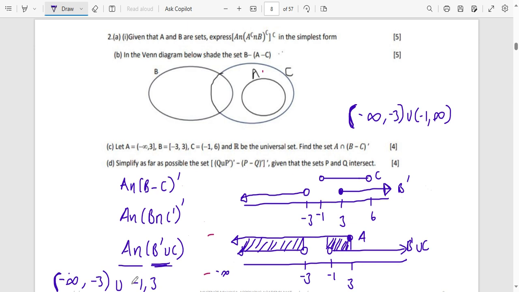Are we going to put open or close on -1? How about at 3? At 3 we'll close because 3 is in both sets. It's here, it is also here. I hope this is okay. If it is not, don't feel shy to ask.